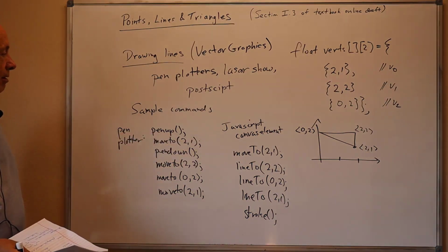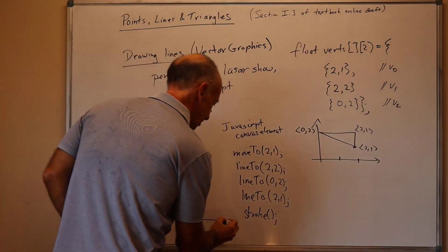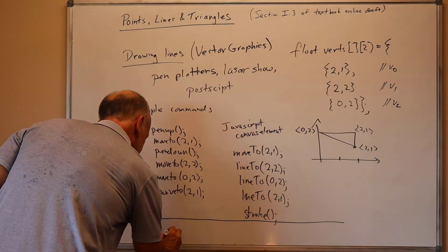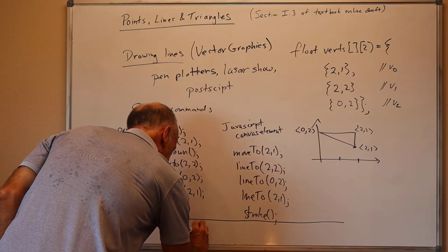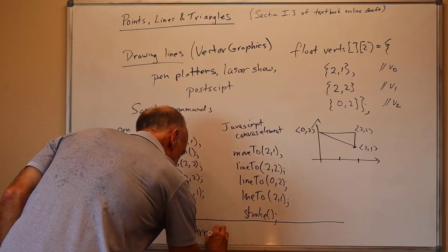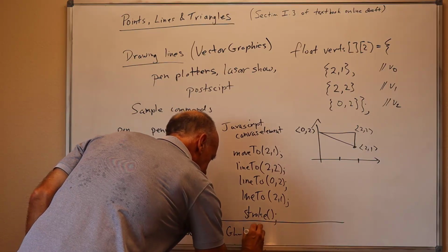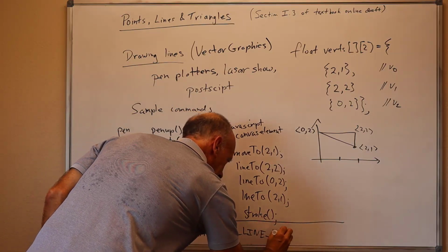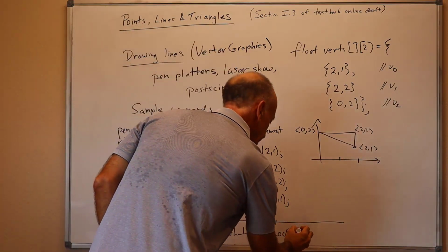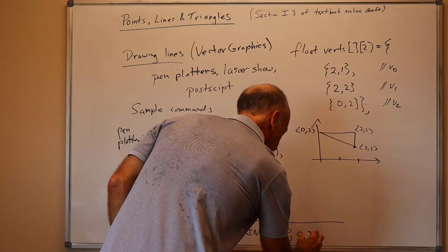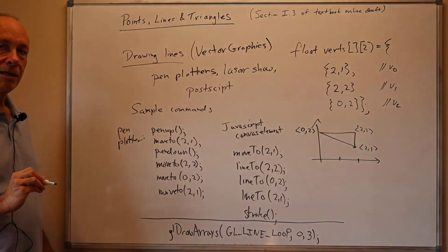Now in OpenGL, it's done a little bit differently. In OpenGL, just here on the bottom of the page, you do GL draw arrays, and then we'd use GL line loop, which, because we're making a closed loop of edges, and we would be drawing 3 vertices total that combine together to make a loop.